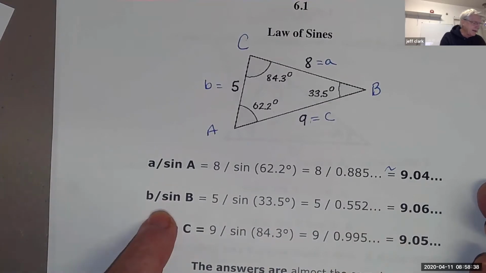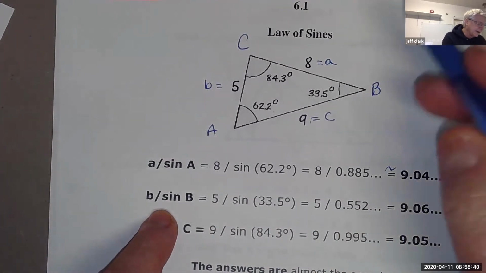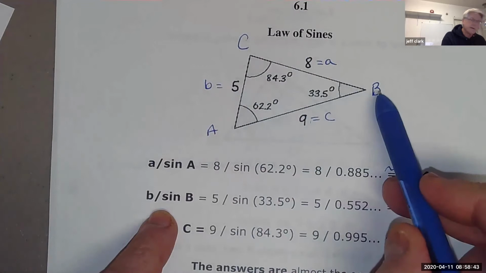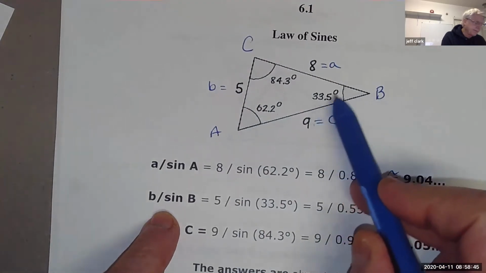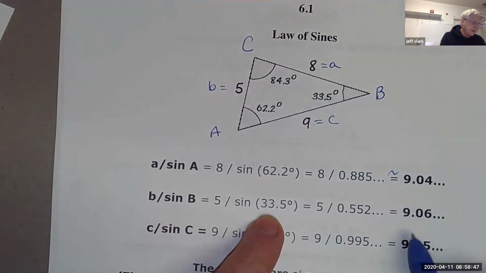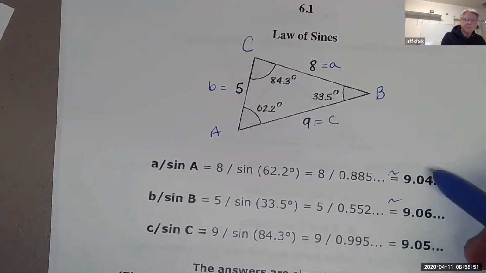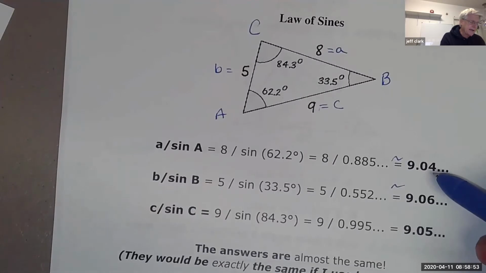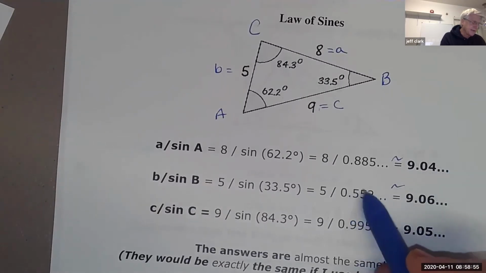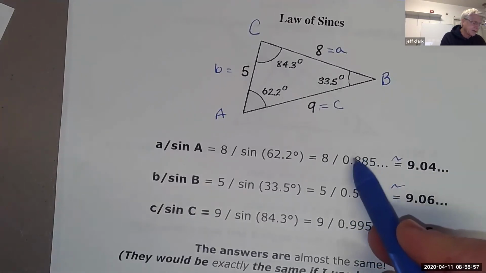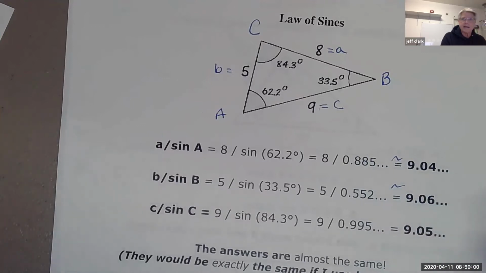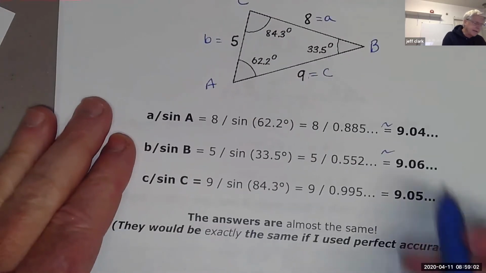Then we calculated similarly, lowercase b is to sine of the angle 33.5 degrees, and approximated that. Notice that these are pretty close. The reason they're not exact is that it's a decimal approximation. If I put them in exactly, they would be the same. And in like manner, you get something very, very close.